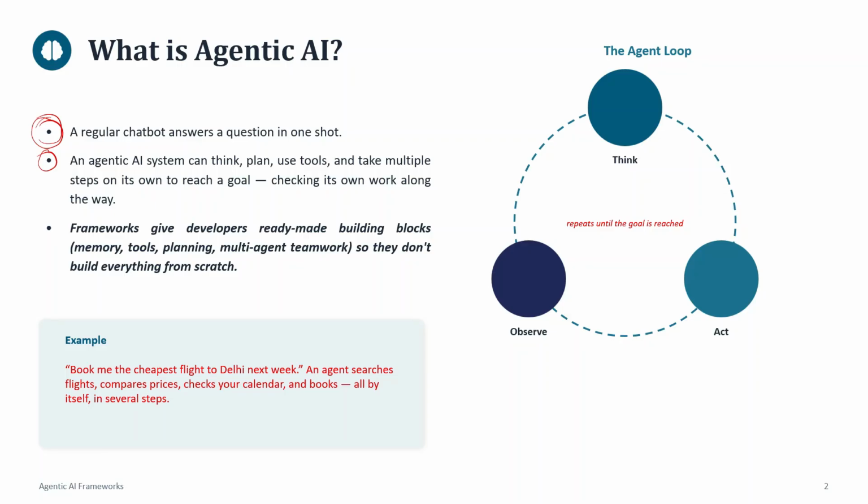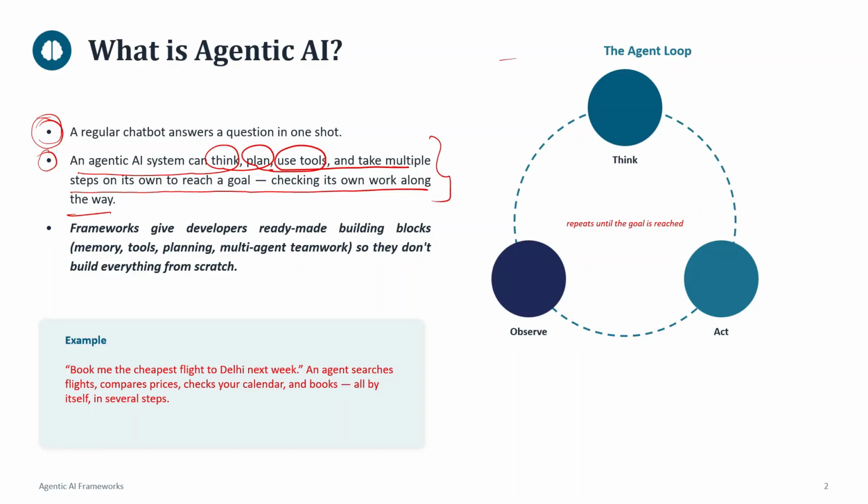It works dynamically for you by calling different tools, and once the result is completed, it gives the response back to you. So an agentic AI system can think, plan, use tools, and take multiple steps on its own to reach a goal, checking its own work along the way. We have covered in a very basic way in the previous sessions how AI agents work and what the use of tools is.